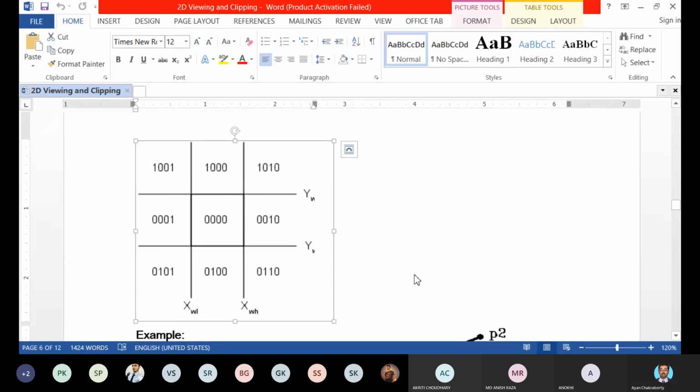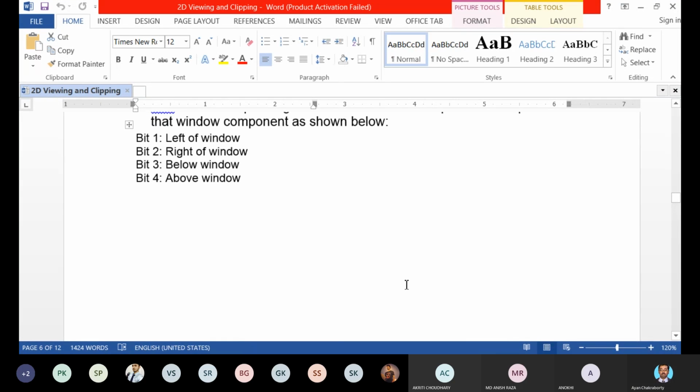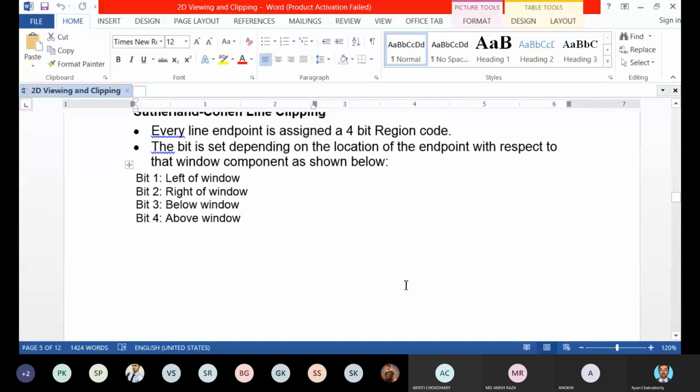Now, this is the rule of designing this 4-bit region code. As you can see here, bit 1 is left of window, bit 2 is right of window, bit 3 is below window, and bit 4 is above window.